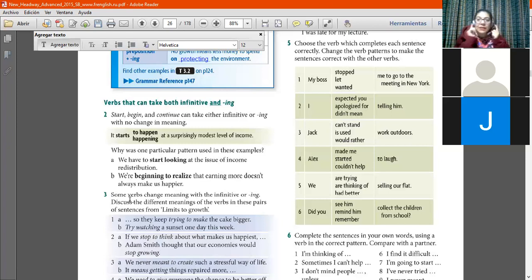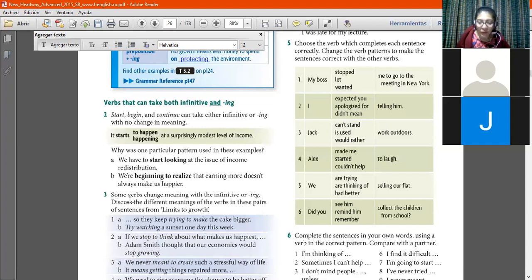Yeah, because it sounds better. We have to start to look at the issue. It could be the other way, but it doesn't sound nice. Or we're beginning realizing, no, it's possible, but it's only because of style, el estilito.